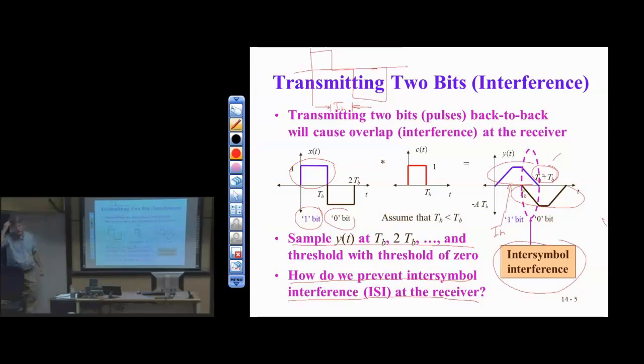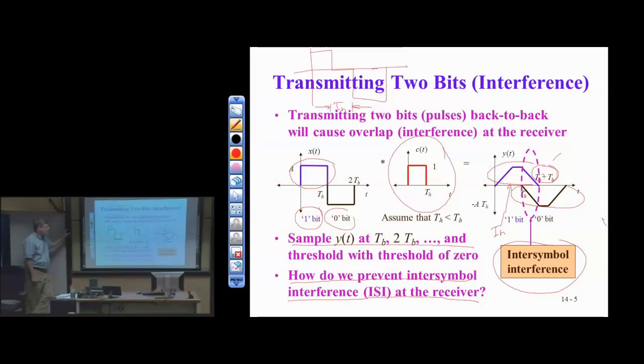I'm kind of confused as to how filtering would help eliminate it. Right. So that's a second solution. Second solution is filtering. Well, this channel is a filter. This channel is distorting the transmitted waveform. The impulse response is a rectangular pulse, and the Fourier transform is a sinc, so it's a low-pass filter.